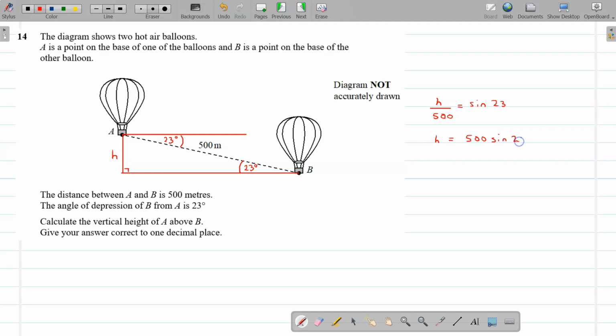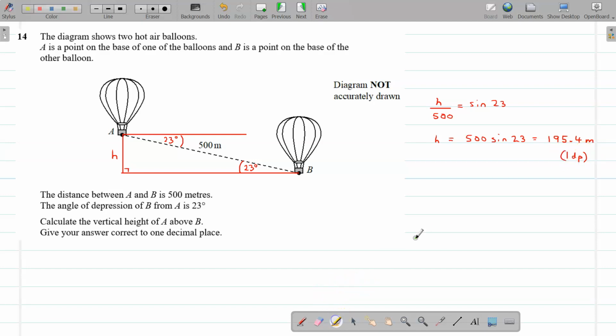Okay, make sure the calculator is set to degrees, and that will give you in meters the height, which is 195.4, because it asks for it to 1 decimal place, and that's 1 dp.